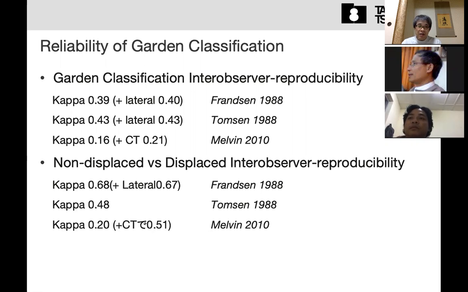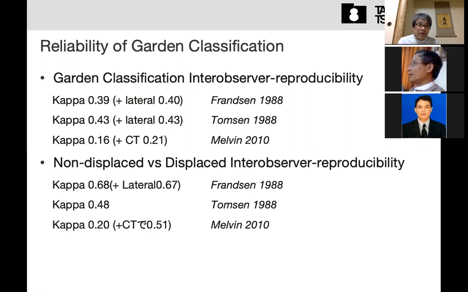If we classify femoral neck fracture into the 4 classes, the kappa value, the reproducibility, should be 0.3 to 0.1. It is incredibly low. The reproducibility is less than half.